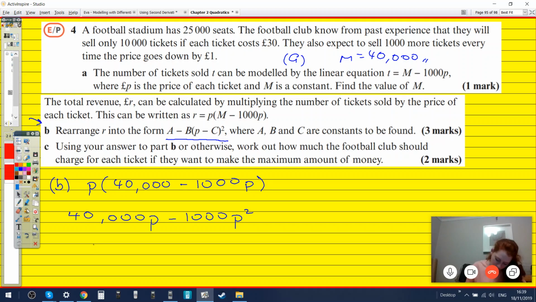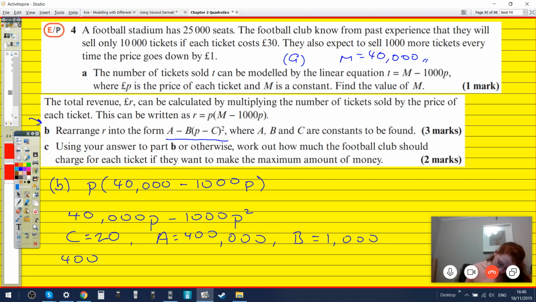So X equals 20. So that's C. Y is the 40,000. Or is it 400,000? It looks like 400,000. Yeah. And what letter is that? That's A. And the B is 1,000. B is 1,000. Yes.